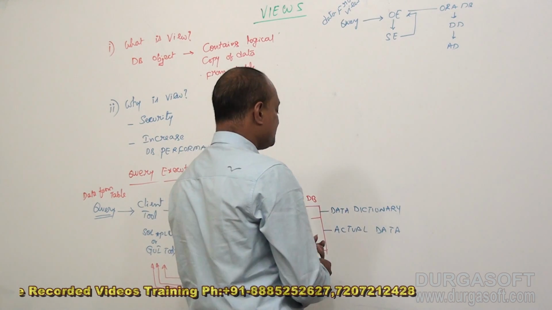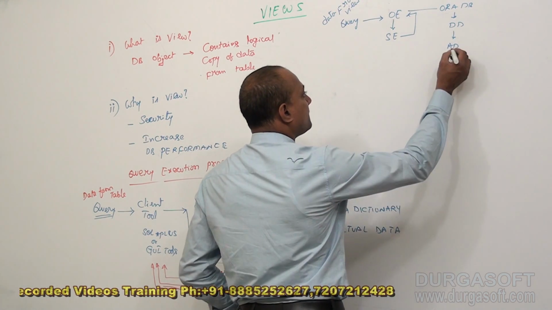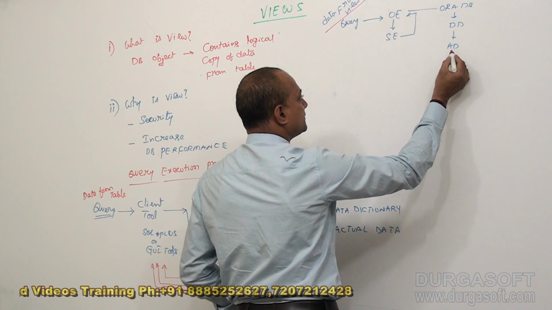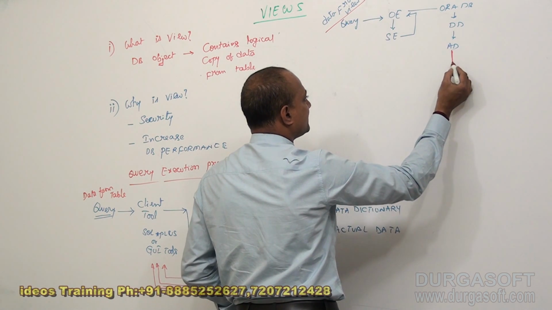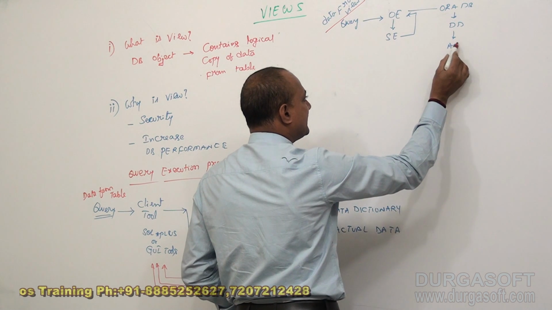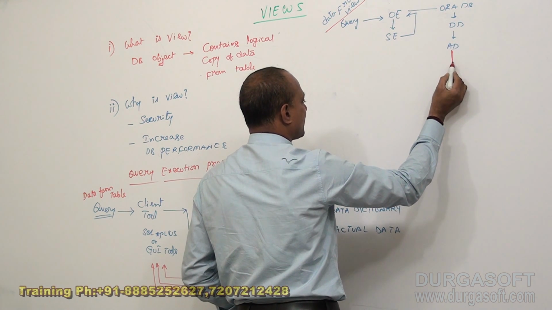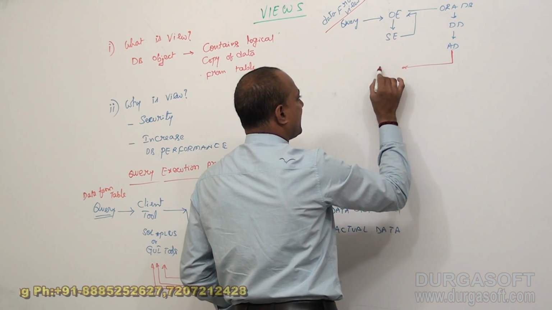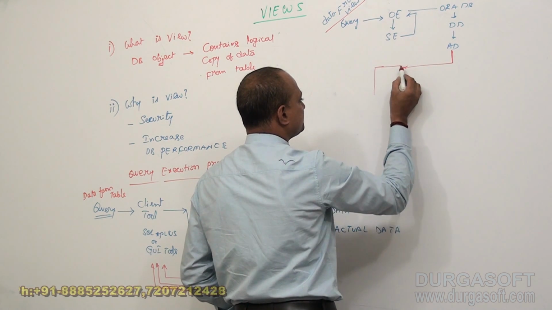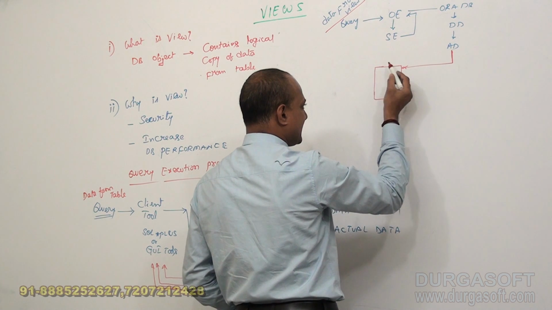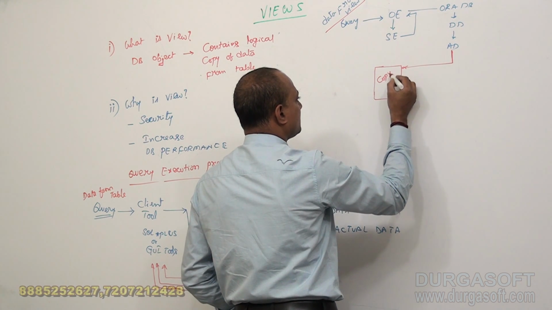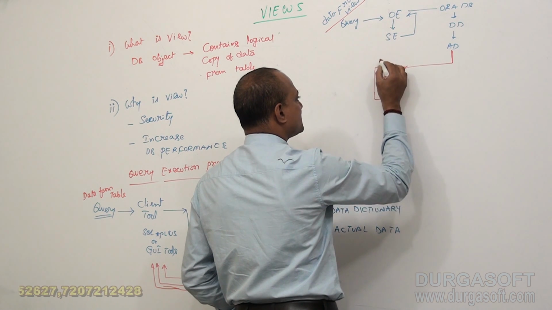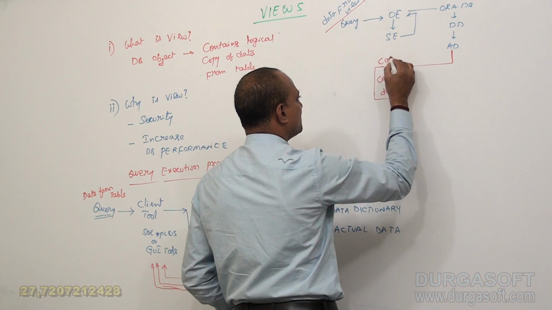But here, now I am selecting the data from a view. Then the first time it will hit the database and get the requested records from the view, and that copy of the output, the copy of the selected data, is maintained under cache memory.